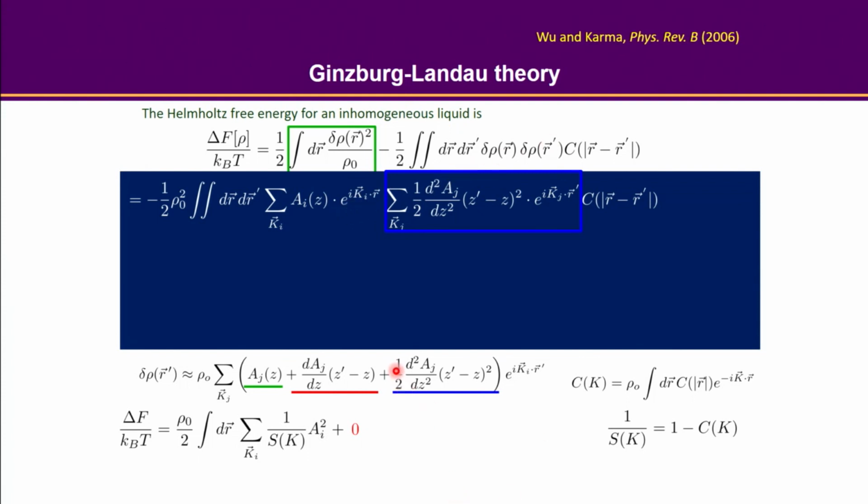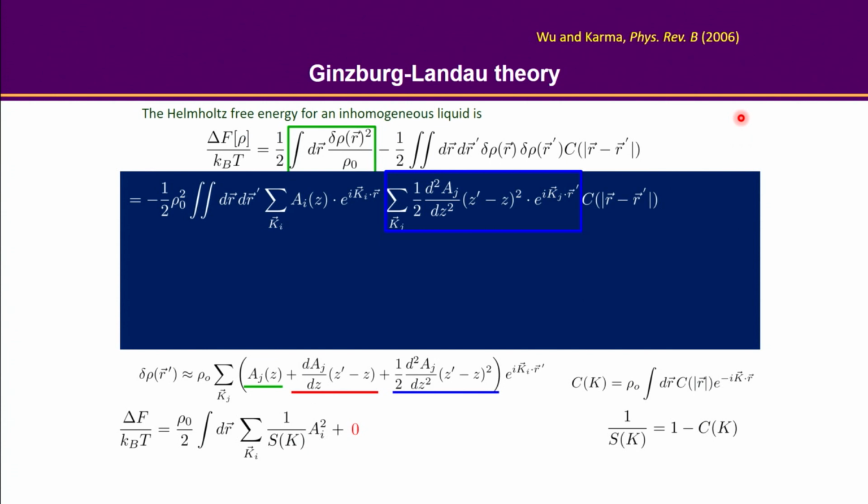But the second term is coming from the blue parts. I have this 1/2 factor here, the second derivative of a with respect to z, and also z prime minus z squared, and you have exponential i k_j dot r prime. That's it, and plugging this c of r in the end.